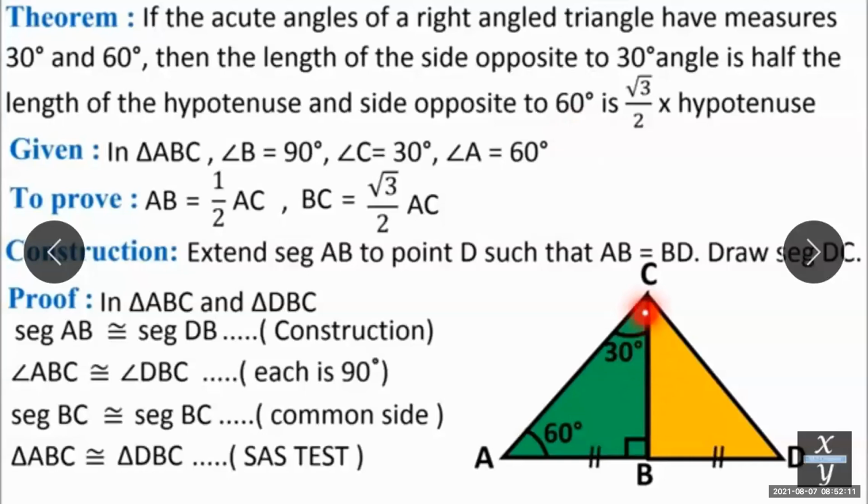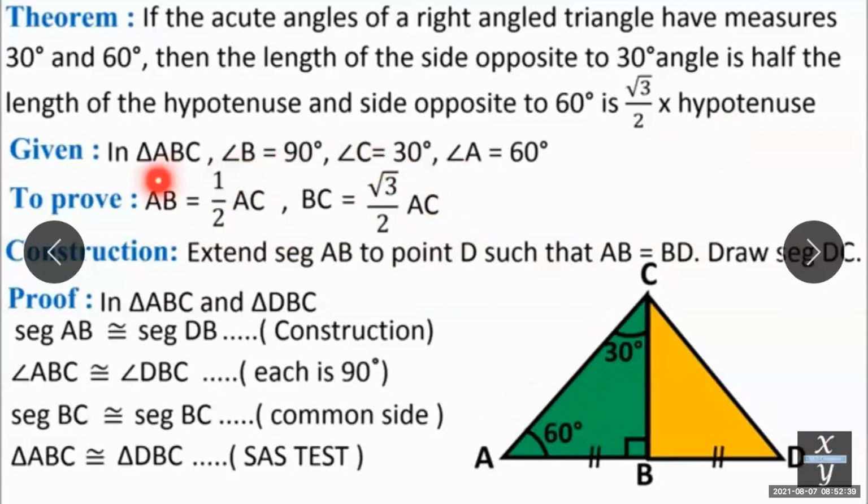So BC is equal to root 3 by 2 of the hypotenuse, and AC is the hypotenuse here. So understood? That is what we have to prove here.